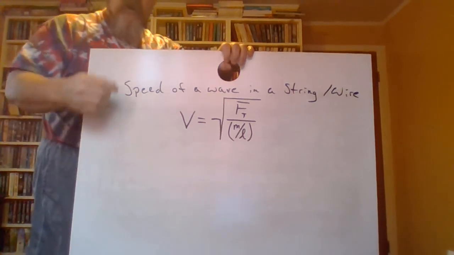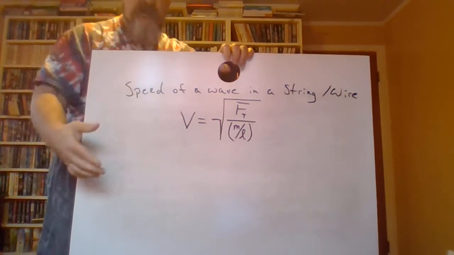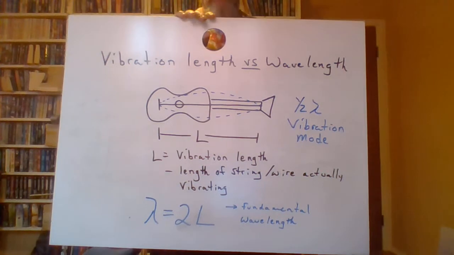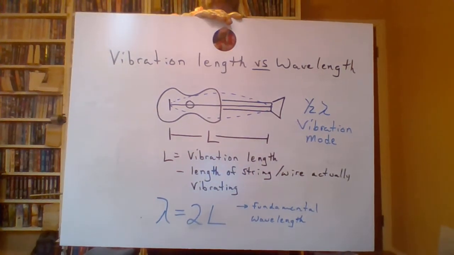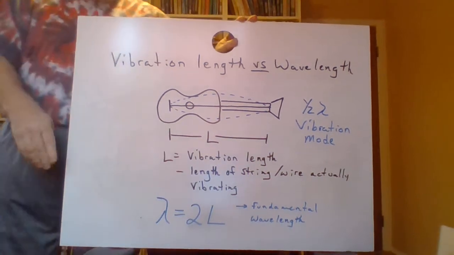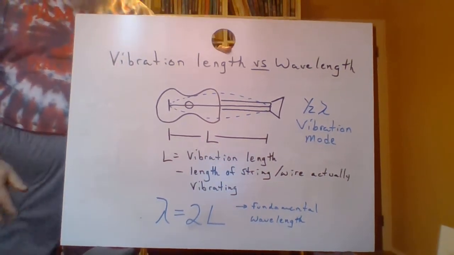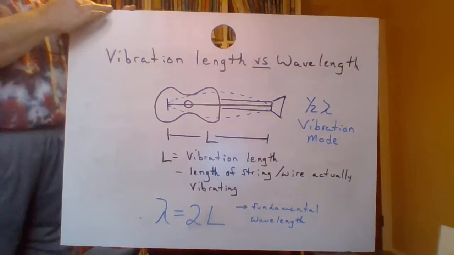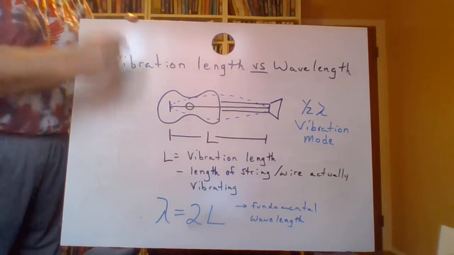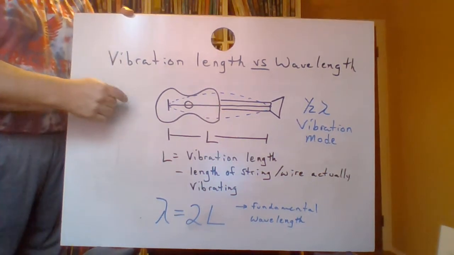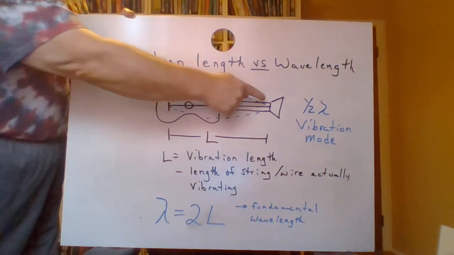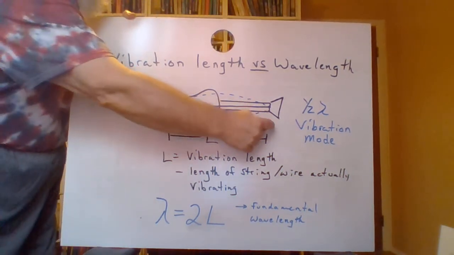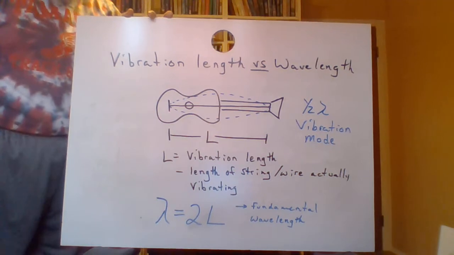Okay? Now, what determines the wavelength of those strings? So physically, it's quite literally the length of the string on the guitar, okay? Or the length of the string in the piano, the length of the string on the bass, the length of the string on whatever instrument is vibrating, okay? And the shortest wavelength that can happen in that is the one that has a half wavelength vibrational mode for the length between the attachment points of that string.